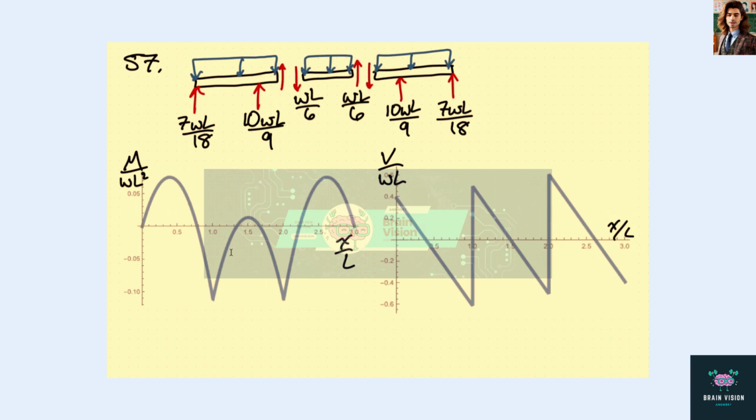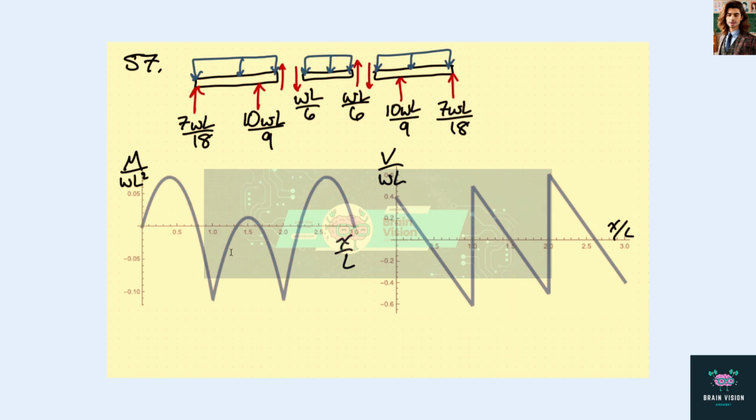Then we jump up again 10 ninths units, and again we have linearly varying shear until we get down to the end, where we have 7/18 W over L. So that's what our shear looks like: decrease, jump up, decrease, jump back up, decrease. And we can see the symmetry about this line, or rather, basically anti-symmetry about this line.